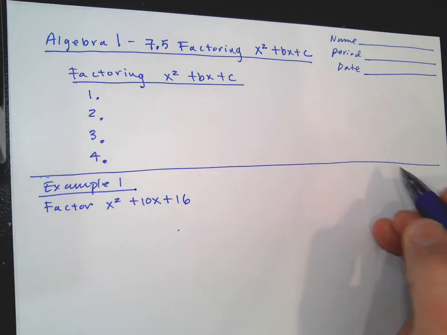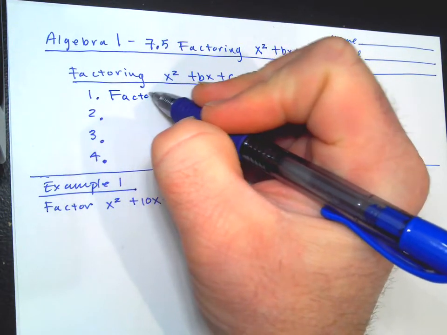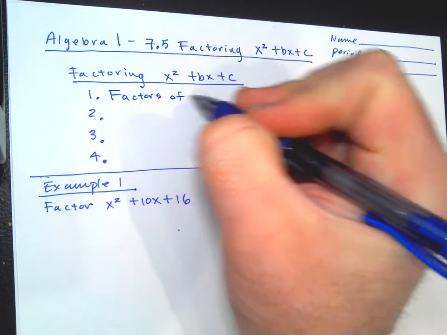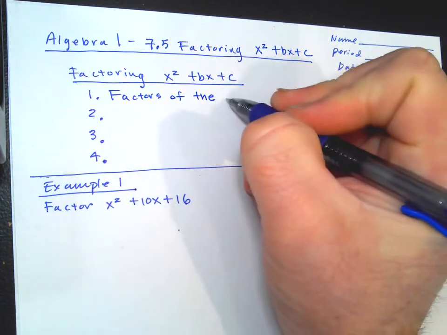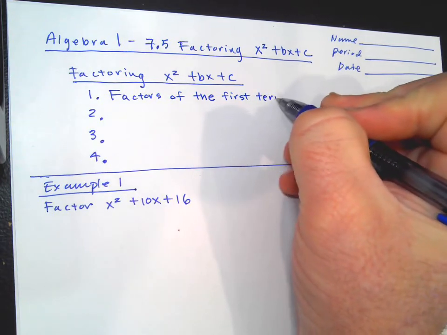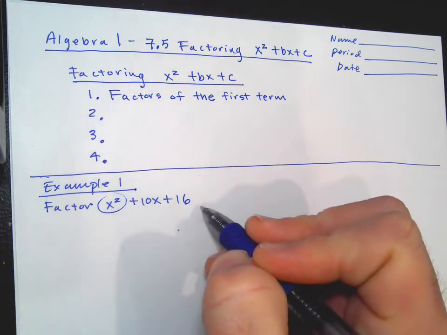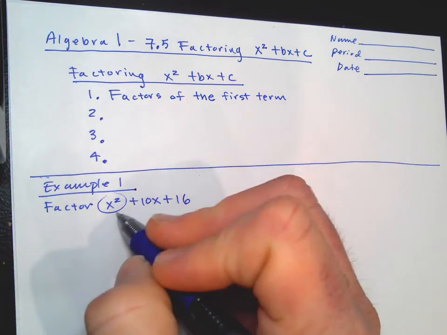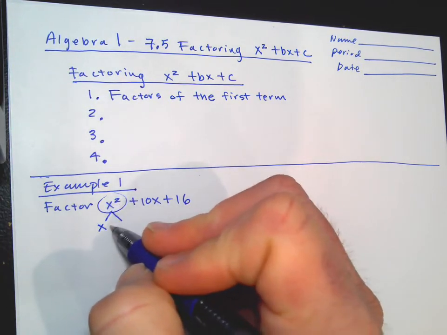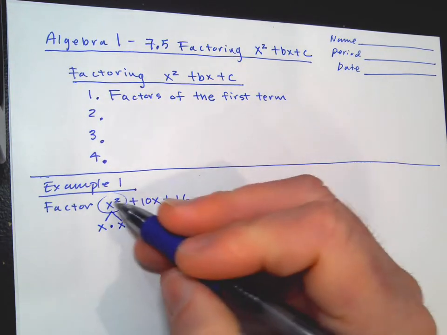So the first thing we're going to do is try and find all the factors of the first term. This is the first term in standard form, highest power to lowest power. All the factors of x squared are x times x. That's it. Sometimes we get more than just one pair.